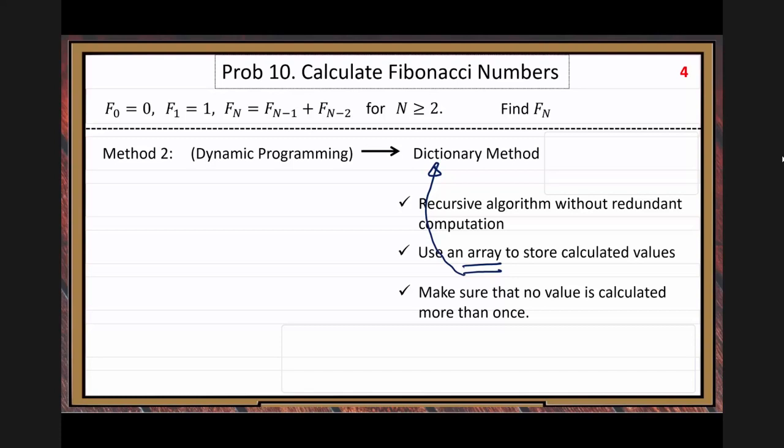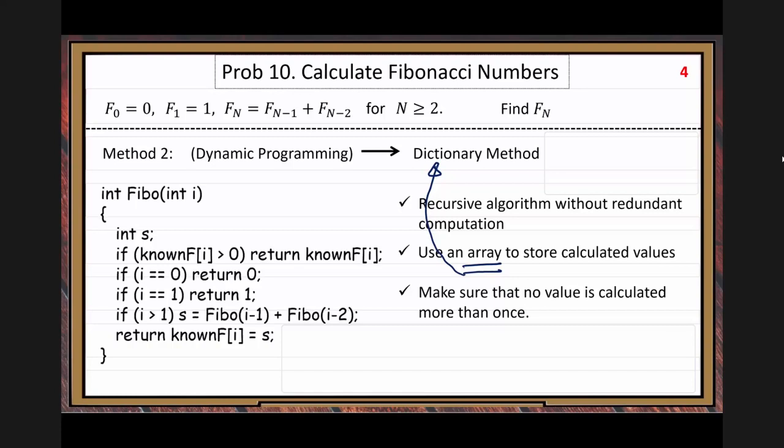After we look up, if we can find it, then we do not do a second calculation. If we cannot find it, that means it is not calculated, then we should do the first calculation. That's the idea.